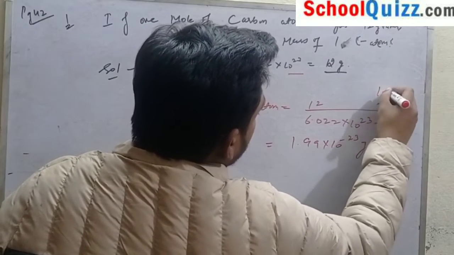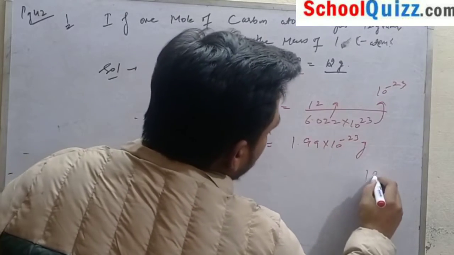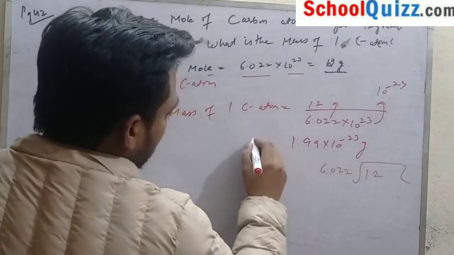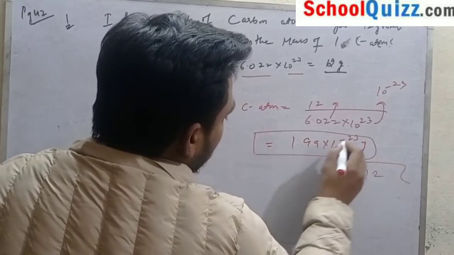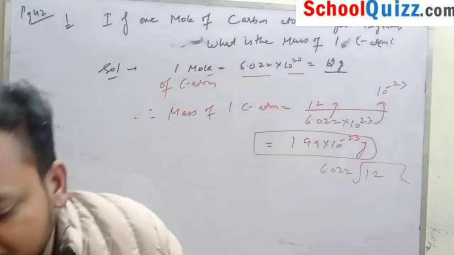This power just becomes negative, so divide 12 by 6.022. Our answer comes out to be 1.99 into 10 to the power minus 23 gram.